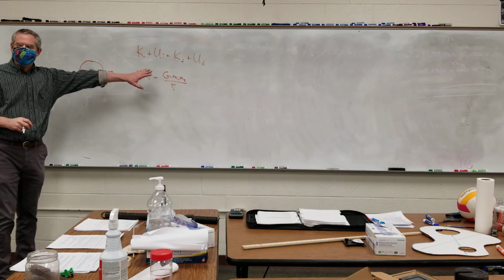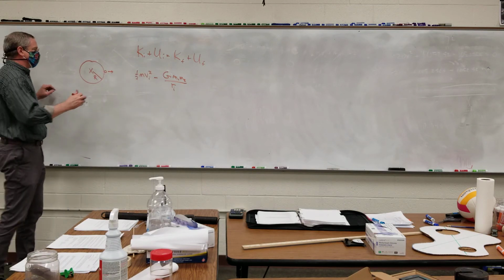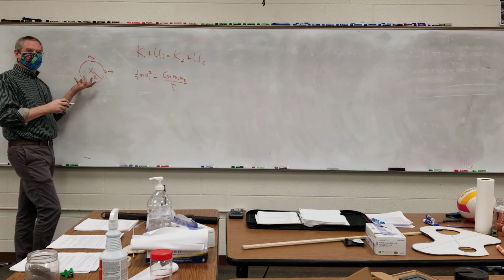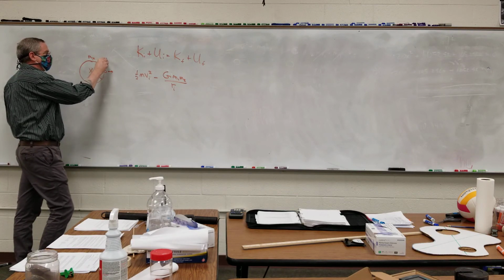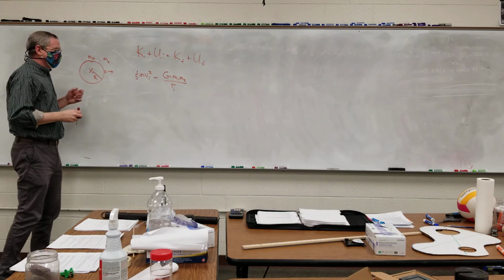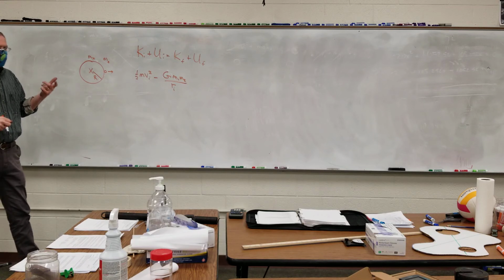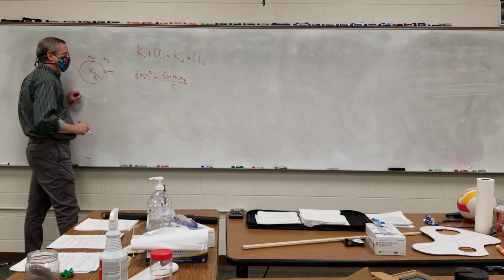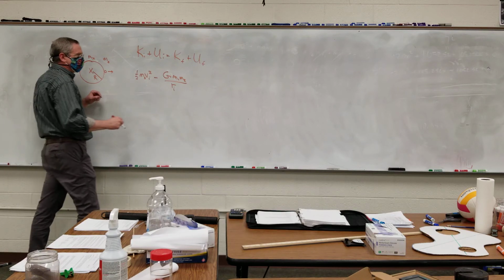Is this the negative G M1 M2 over R? That's the one. That's our initial potential energy. Now the way I have it listed up here, I have three different masses, so let's clarify. M sub X would be the mass of the planet, and M sub S will be for the satellite that we're shooting off. Especially it's not a satellite since we're not getting into orbit, so this is the mass of the stuff we're sending, S for stuff.